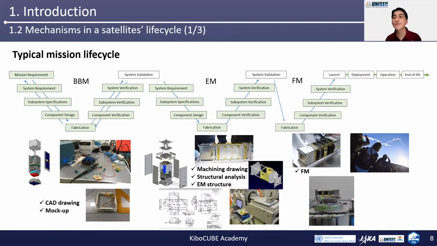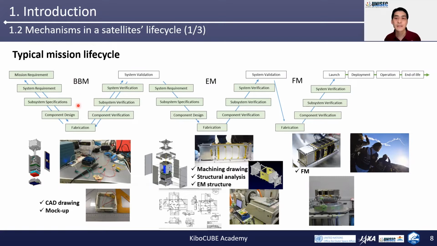Again, let me show you the same figure that I showed you in Lecture 11 on nanosatellite structure. This shows a typical mission life cycle of nanosatellites from start of development to the end of operation. We usually develop the breadboard model, BBM, for both electrical and mechanical systems.